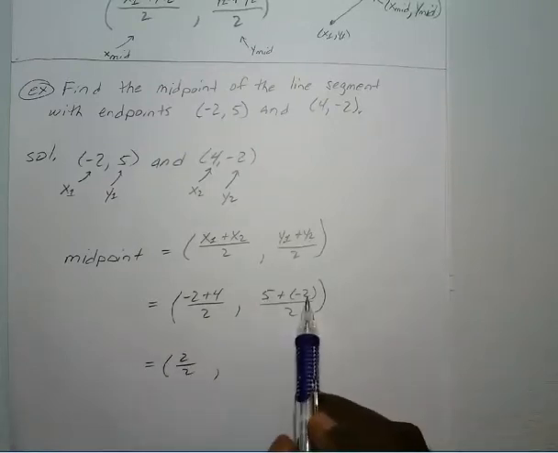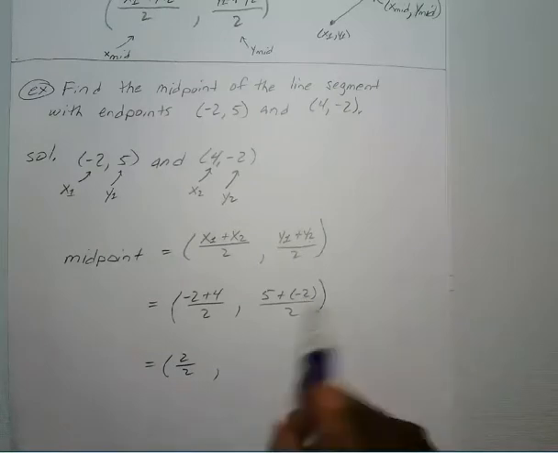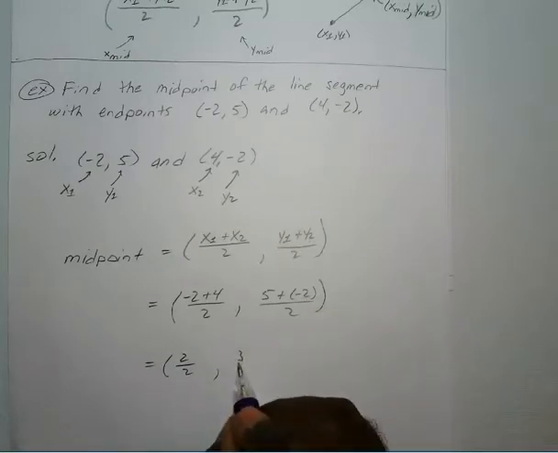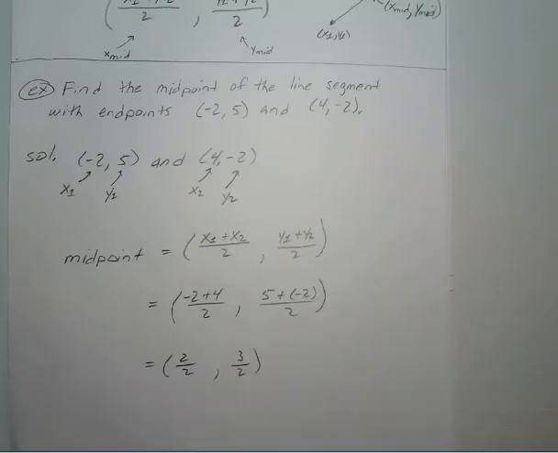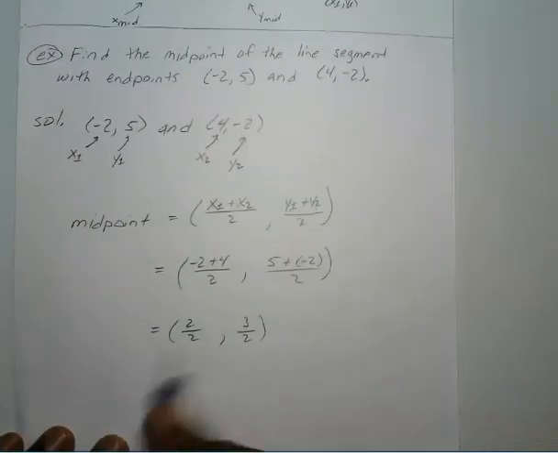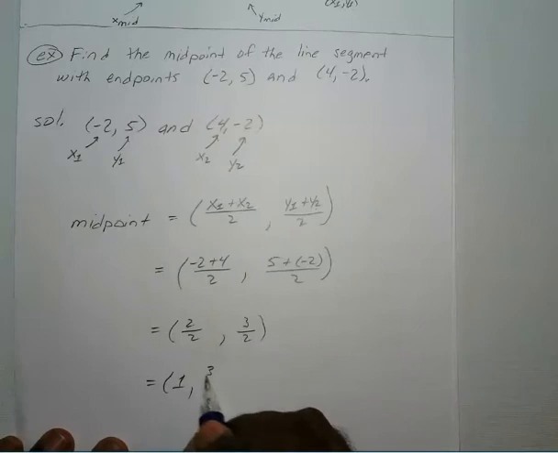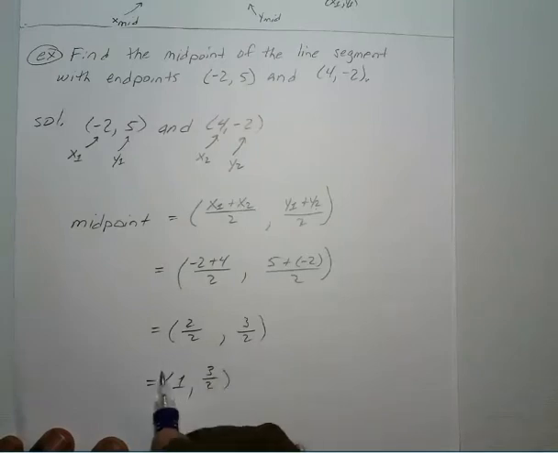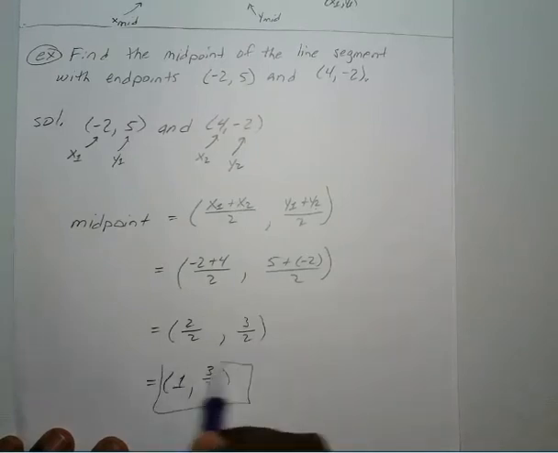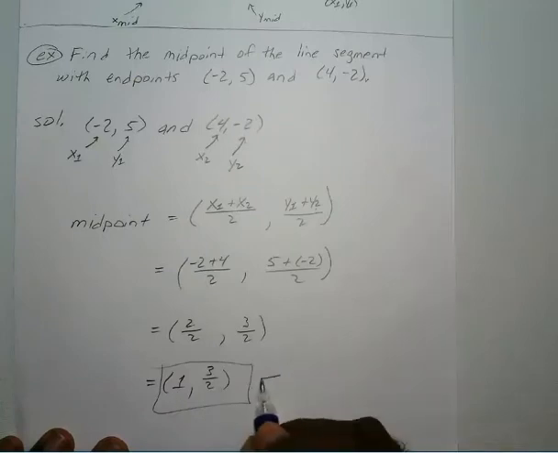And 5 plus -2 is 3, that gives us 3 over 2. So 2 divided by 2 is 1, and 3 divided by 2, you can make that 1 1/2, or you can just leave it as 3 divided by 2. And this is your midpoint.